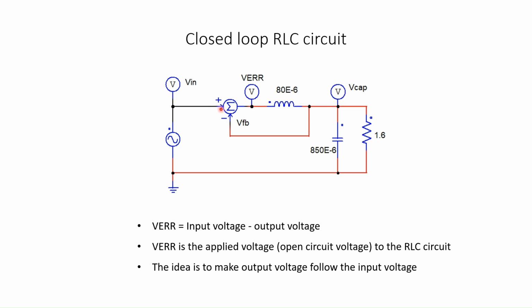So the reference voltage minus the feedback capacitor voltage is the error voltage which is applied to the LCR circuit. The idea is that the capacitor voltage should follow the input voltage with a negative feedback.